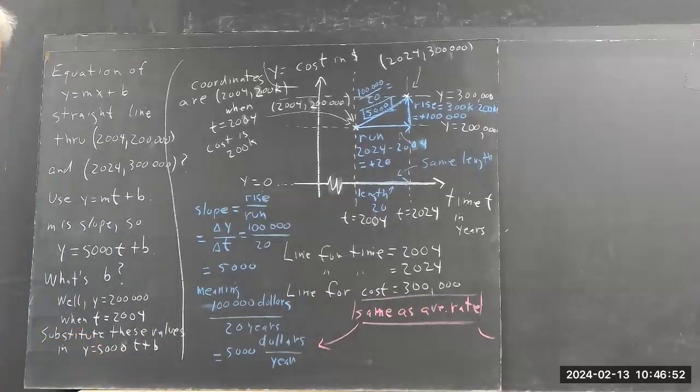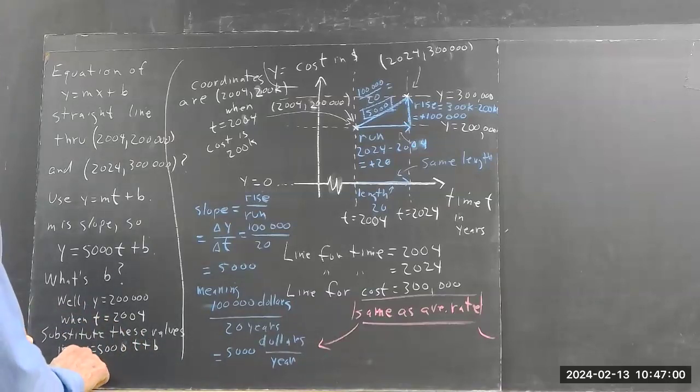You got y equals 5,000 t plus b. What do you get? Can you write it out?